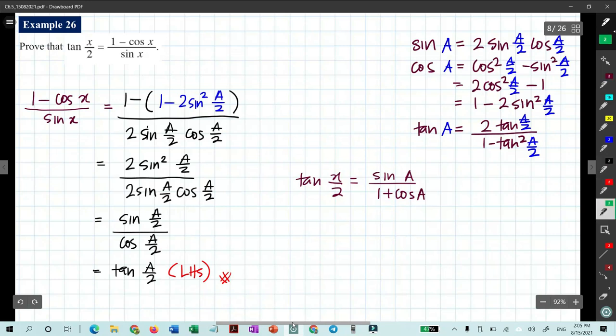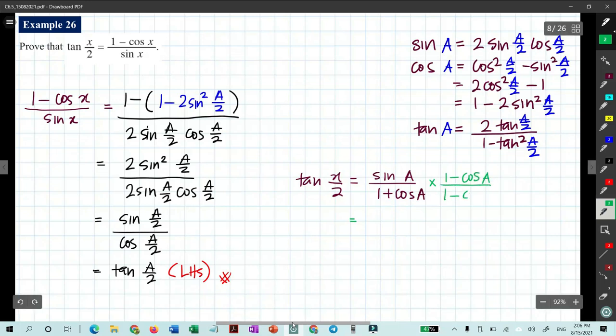Okay, so I'm going to multiply both numerator and denominator with the conjugate of 1 plus cos a, which is 1 minus cos a.